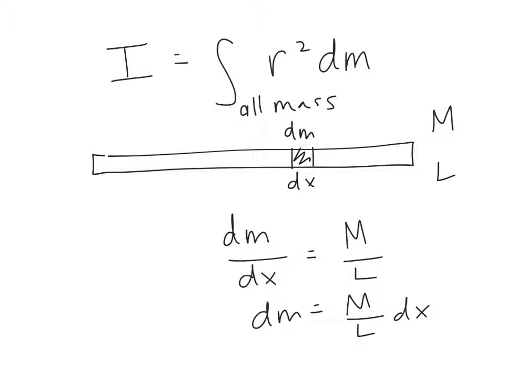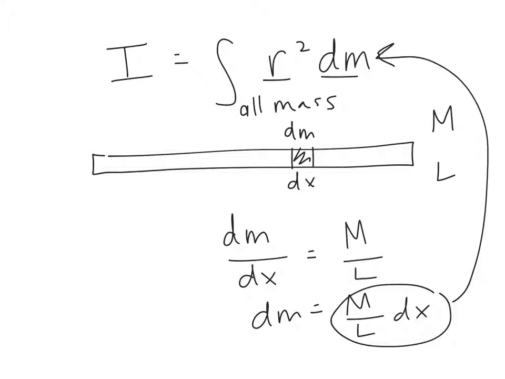So now what I'm going to do is make a substitution for dm in my equation, because I don't like having two different variables, r and m, in this moment of inertia equation. So I'm going to take the m over l times dx and put that in for dm. And for r, if you'll recall, the radius or the distance of each piece from the center, I've actually decided to call that distance x.